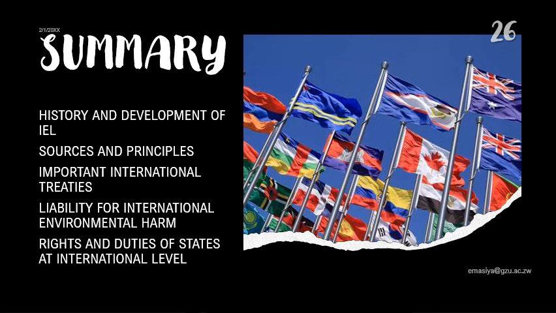If you know these, you now know the historical development of international environmental law, you're done. And then you look at the sources: treaties, customs, judicial decisions, soft law, you are done. And then in terms of important international treaties, those listed: Ramsar Convention, CITES, Stockholm Declaration, and so forth.